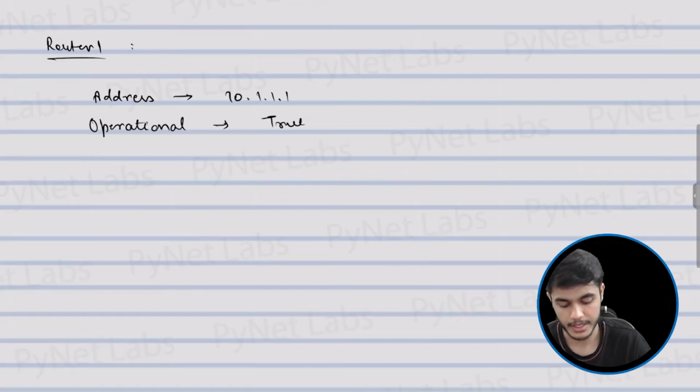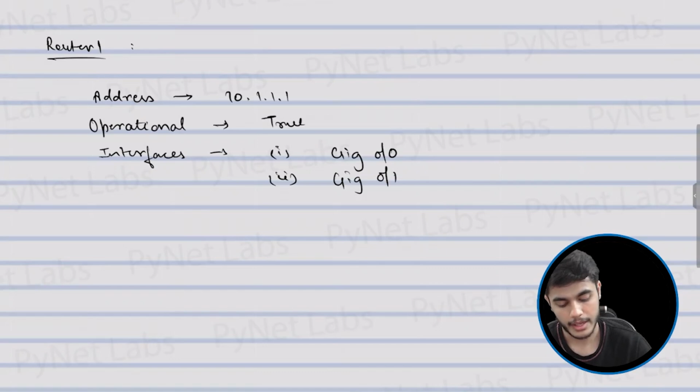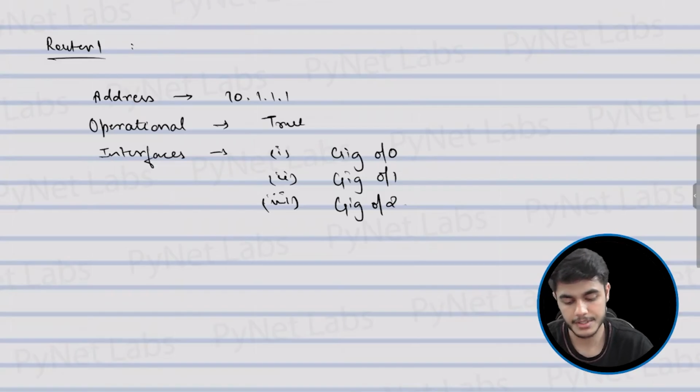Then we can say the interfaces which are there on the router, which can be multiple in numbers, right? So we'll assume that we have got 3 interfaces: gig 0/0, gig 0/1, and gig 0/2. These are the 3 interfaces. This is the address. This is the state of my router.